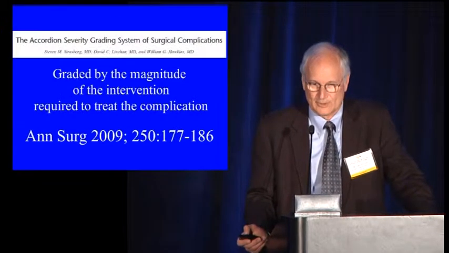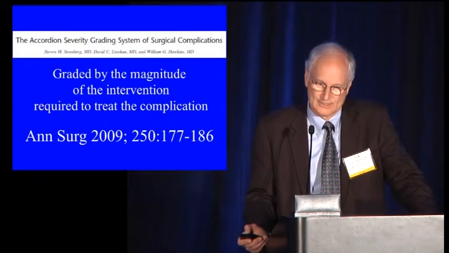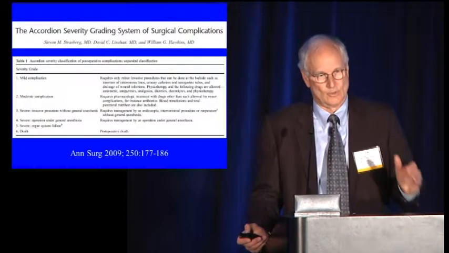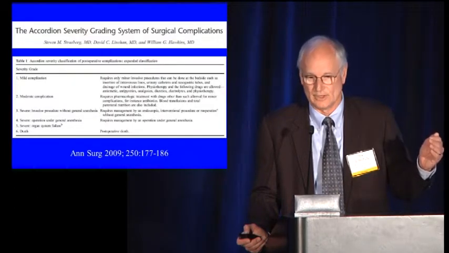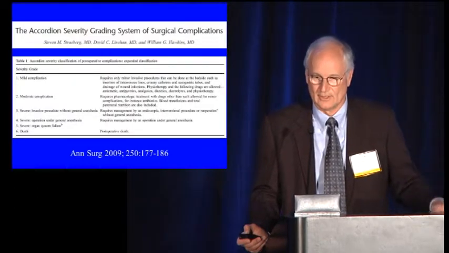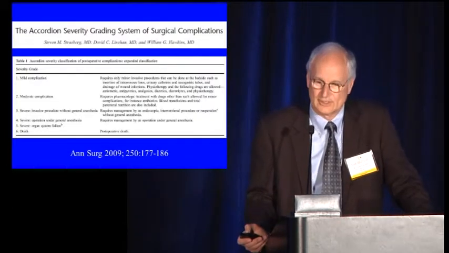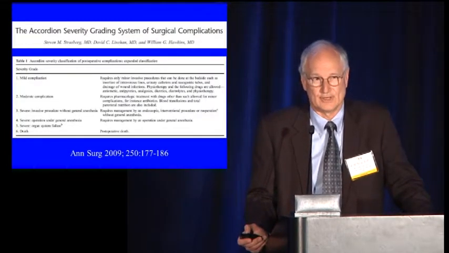He has provided us with the accordion severity grading system of surgical complications, where we don't want to know what the complication is. We want to know what its impact is on the hospital, the magnitude of the intervention required to treat that complication.